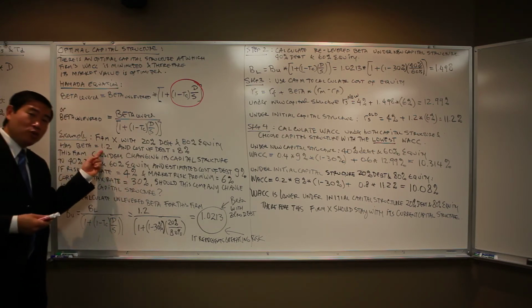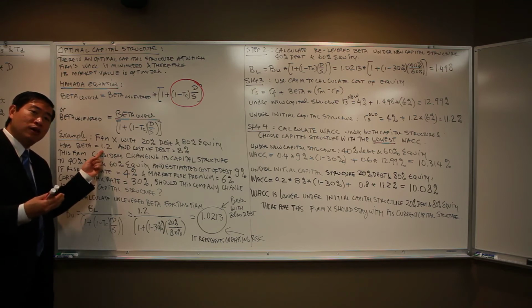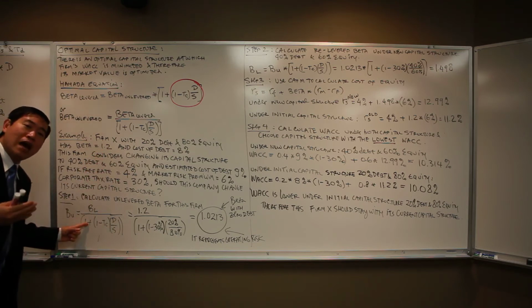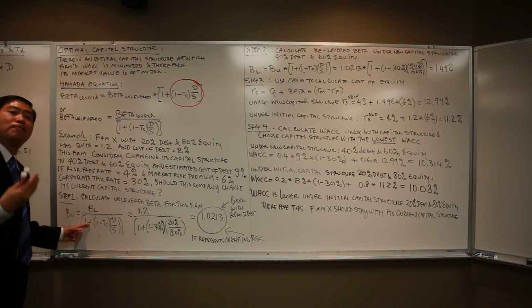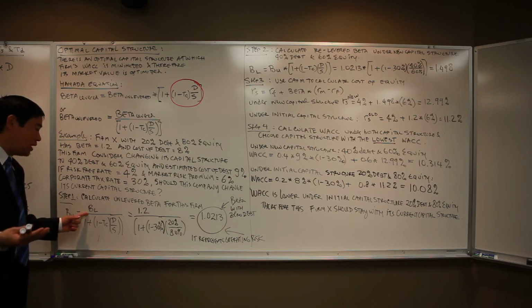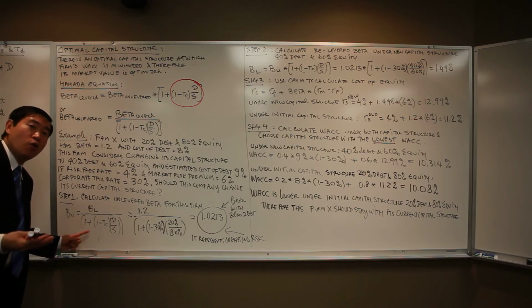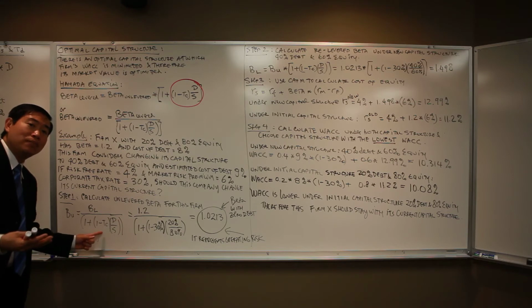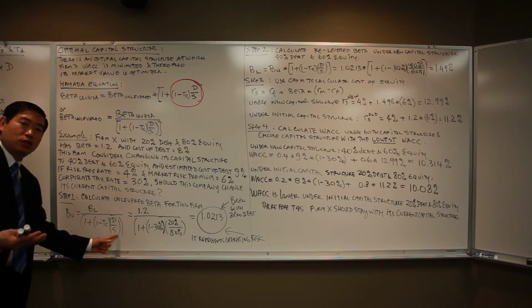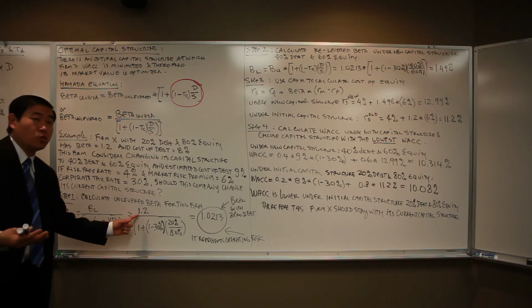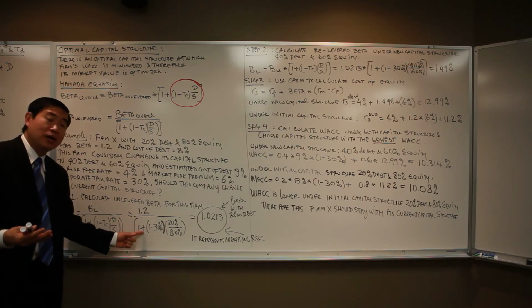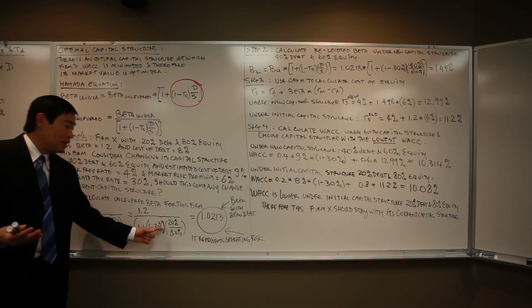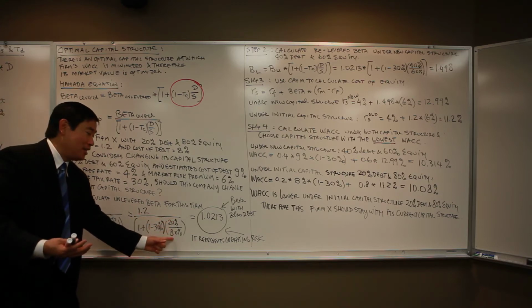So the first step is to calculate the beta for the unlevered firm, which is the levered beta divided by 1 plus (1 minus tax) times the debt-to-equity ratio. So we divide 1.2 by 1 plus (1 minus 30%) times 20% over 80%.